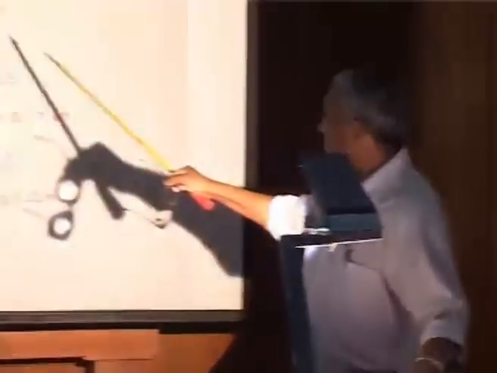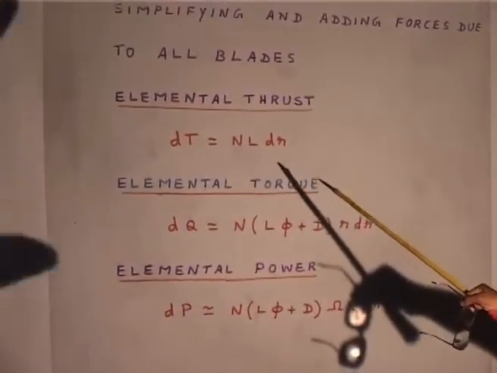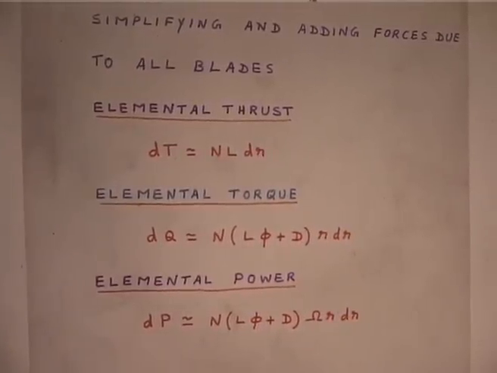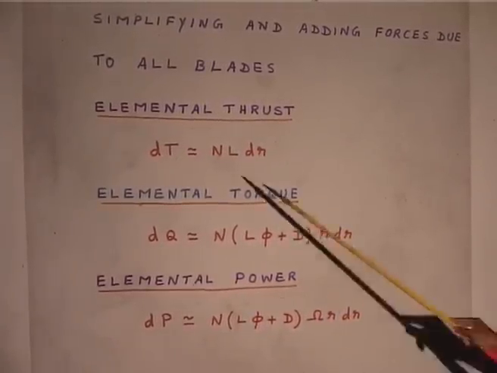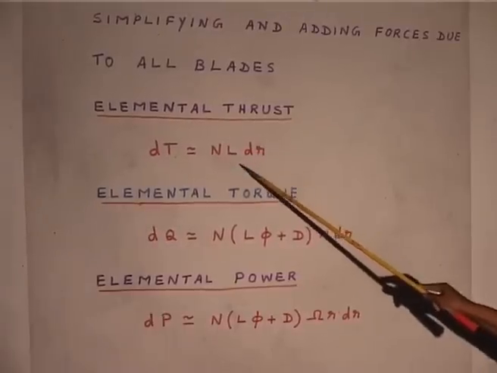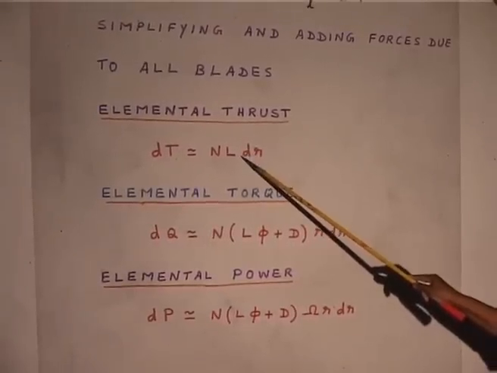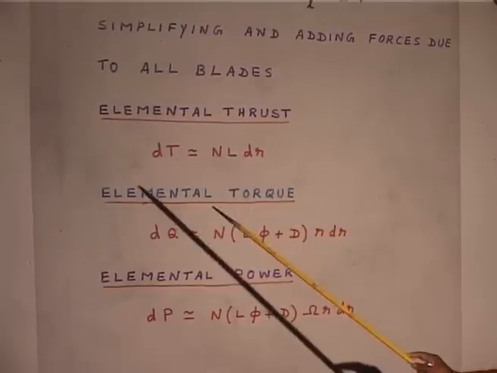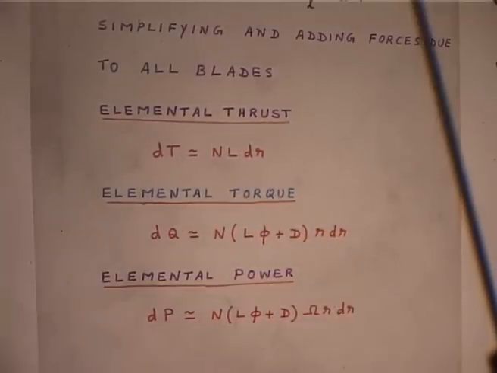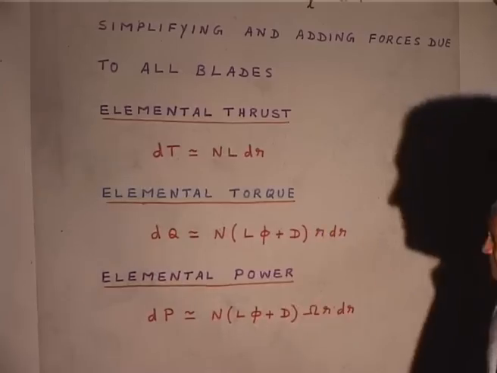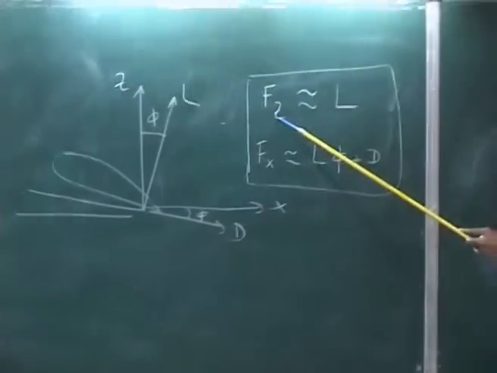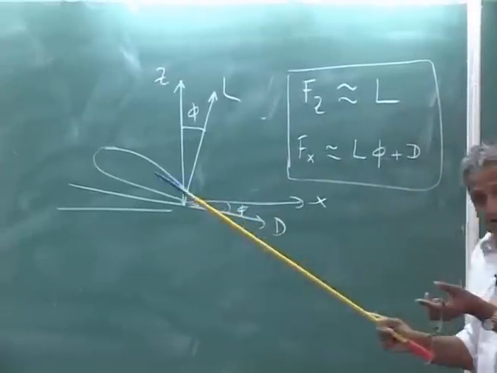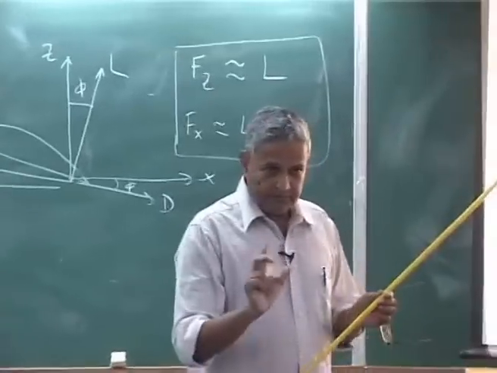I put it on elemental thrust, because this is just to indicate to you what all we have done. L dr, L is lift per unit span, this is dr, here I have modified slightly, and then n is number of blades. dT is actually thrust, which is Fz. This is per unit area, so I multiply by dr, is it clear?